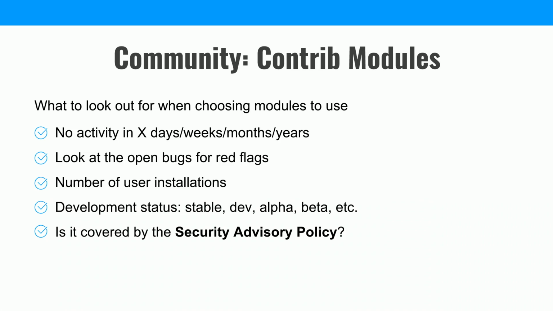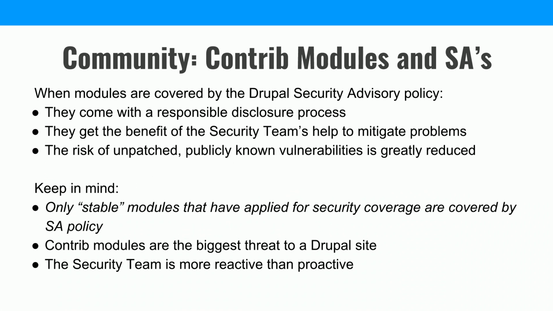And only then, stable modules that have actually applied for the security policy and been accepted. There's a lag time between when a module becomes stable and when it applies for being part of the security process. So a stable module can actually be at risk of not being covered by that advisory policy.